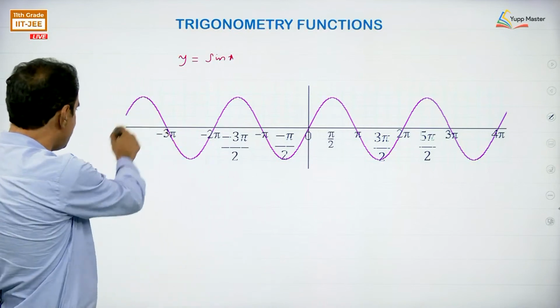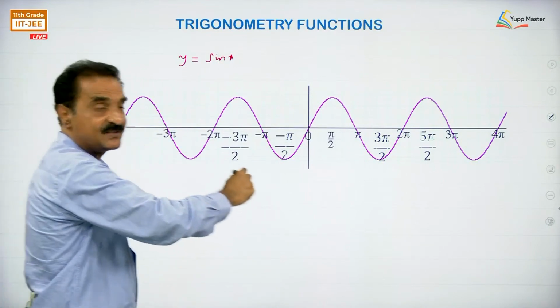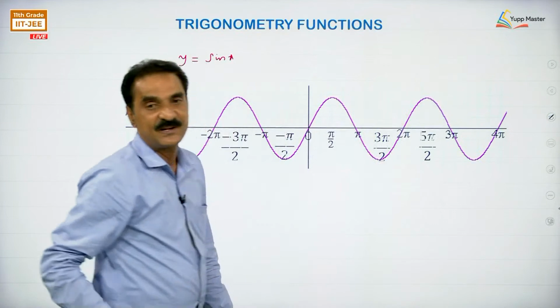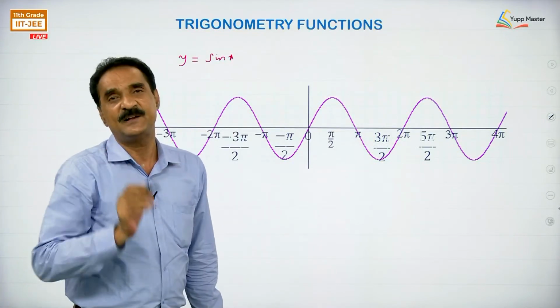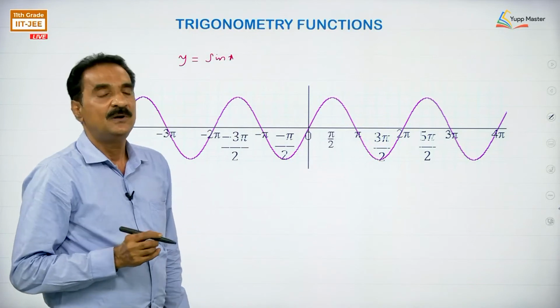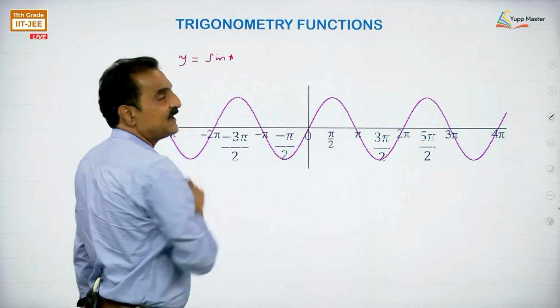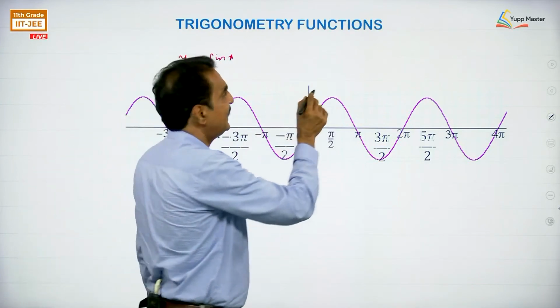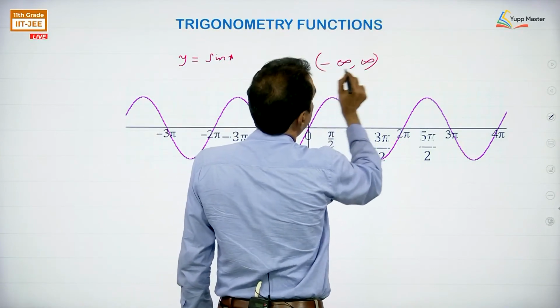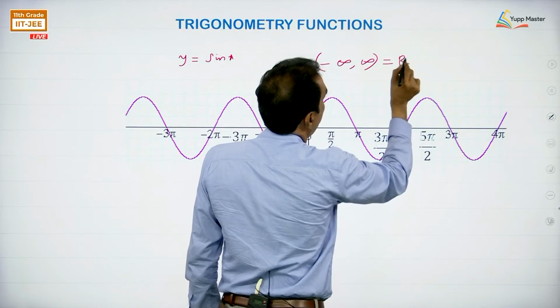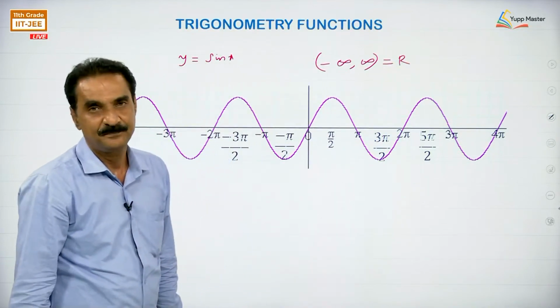Here you can see that this graph continues till minus infinity this side and till plus infinity that side. That means sin x is defined for any real value of x. So, the set of values of x for which y is defined is all real values, minus infinity to plus infinity, or you can write it as the set of all real numbers, capital R.